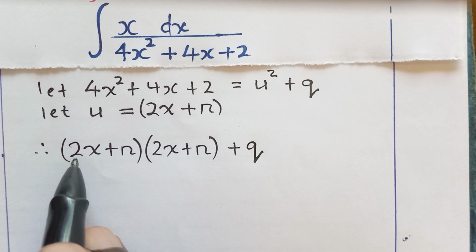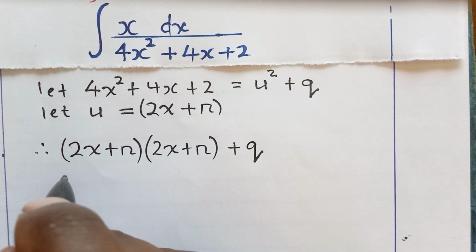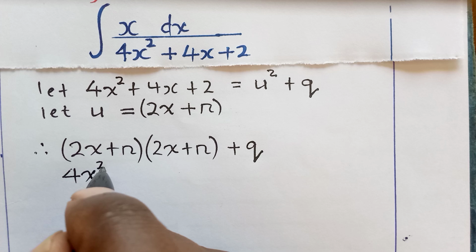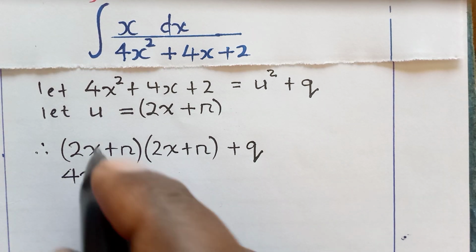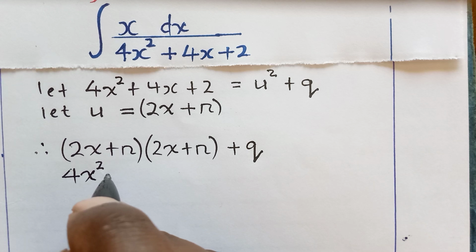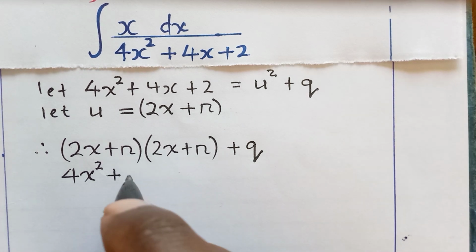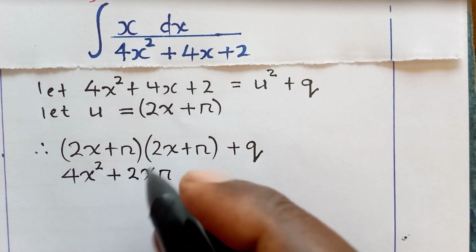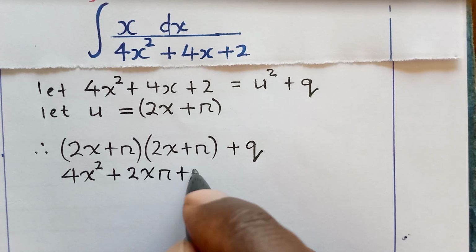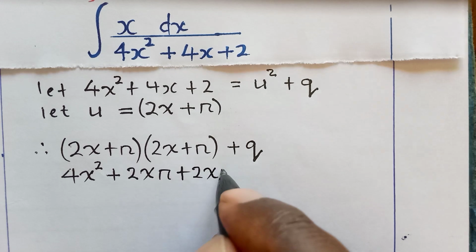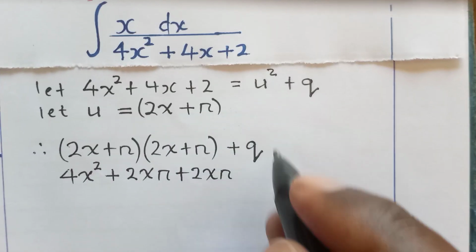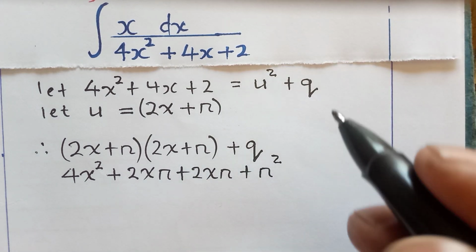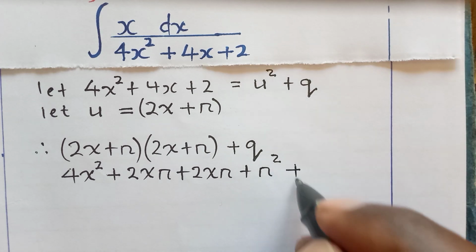So let's find out what we get from there. Now we have 2x multiplied by 2x, you get 4x squared. Then multiply that by that, you get 2xn plus 2xn plus again 2xn, finally plus n squared, and then plus q.